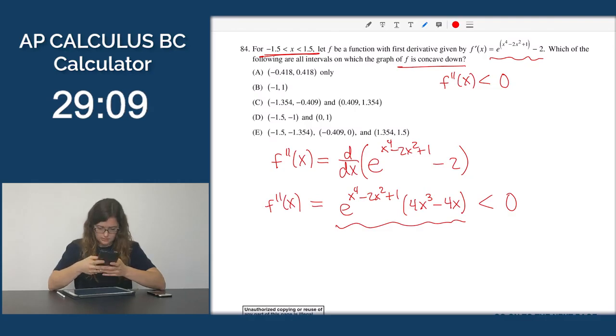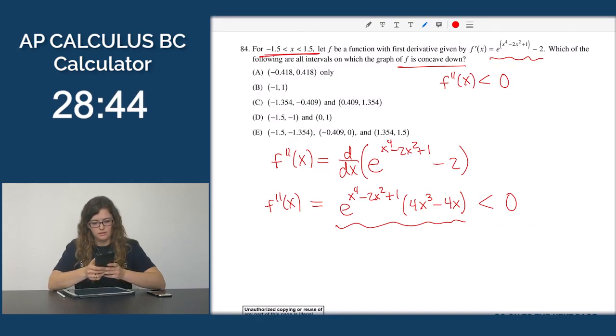So I've got e raised to the x to the fourth minus 2x squared plus 1. Oh, be really careful when you're plugging this stuff in, guys. I just typed it in wrong, so you don't want to lose a point because you typed something in wrong. Times 4x raised to the third minus 4x.